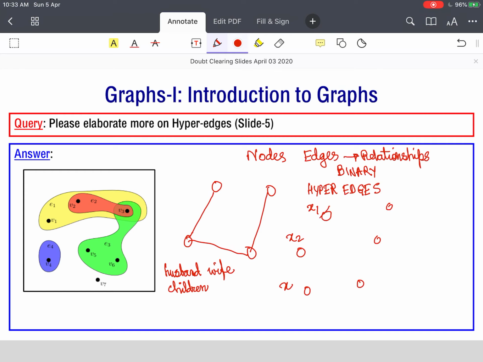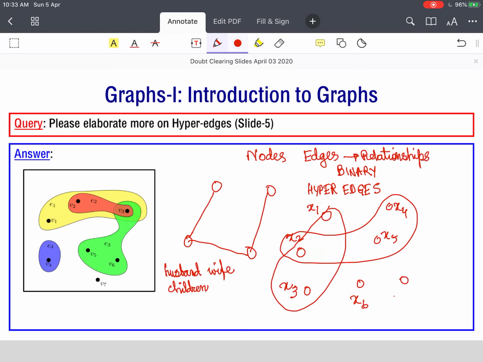Then x1, x2 and x3 are related because x1 is the husband, x2 is the wife, and x3 is the child. On the other hand, the wife x2 may be a child of two other people, maybe x4 and x5. Whereas we may also have some x6 and x7 where x1 is the child of x6 and x7. So these are hyper edges.